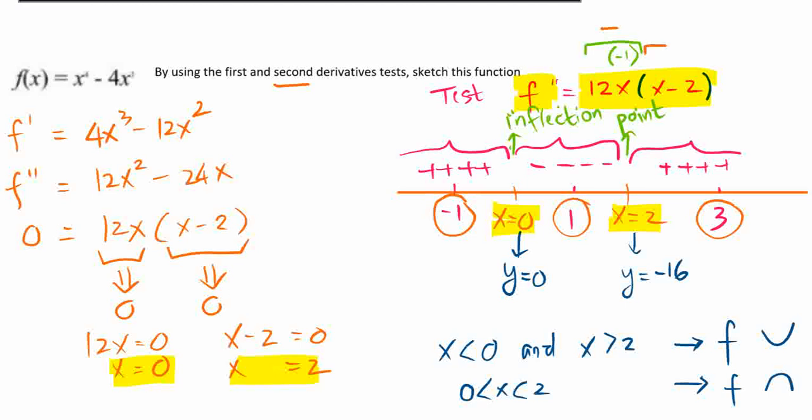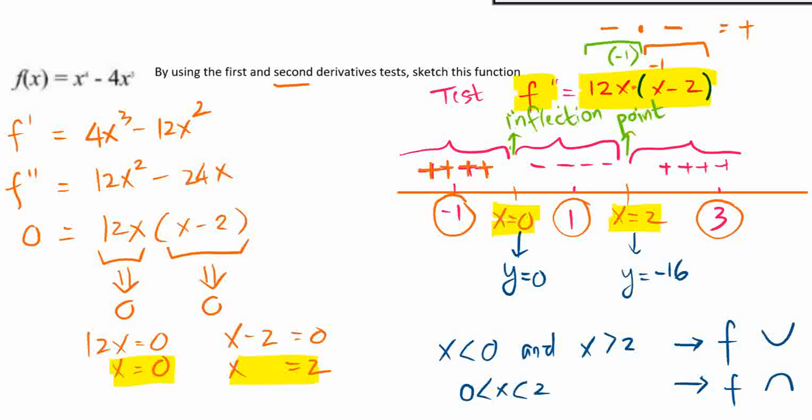And when we plug -1 in here, -1 minus 2 is -3, so this is minus. Minus times minus will give us positive. That's why we put this sign positive. Now for the values of x between 0 and 2, we take 1. Now we plug in 1 here.